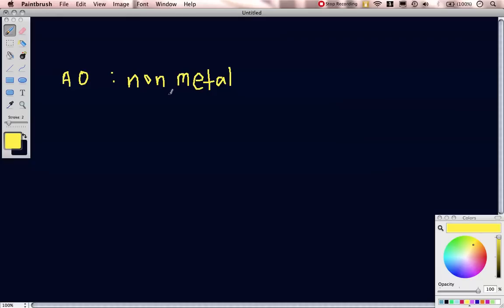But for the most part, non-metal oxides are acidic, so remember that. And obviously, guys, if it's a non-metal oxide, then we're looking at a covalent bond, or the sharing of electrons, as opposed to the ionic bond and the transfer of electrons with our metal oxides. So that's worth remembering.